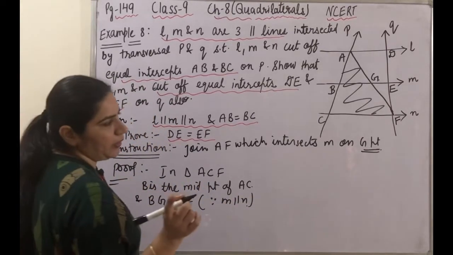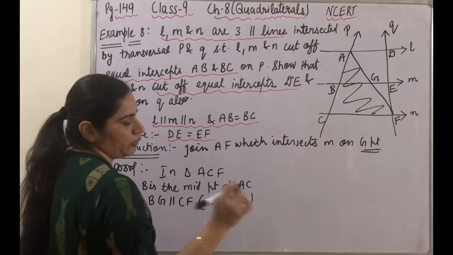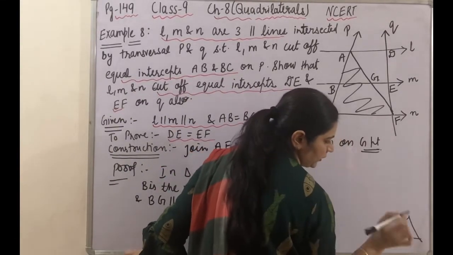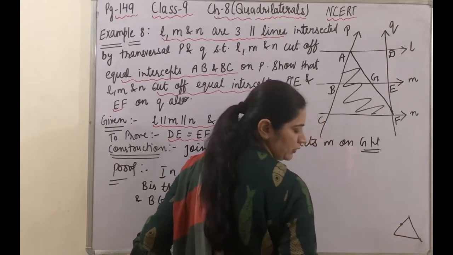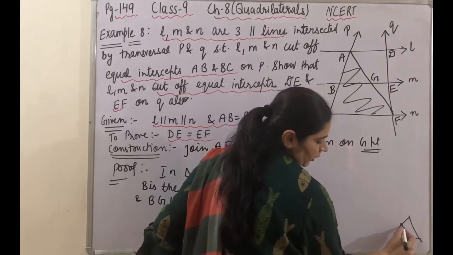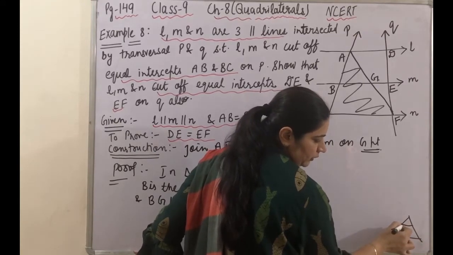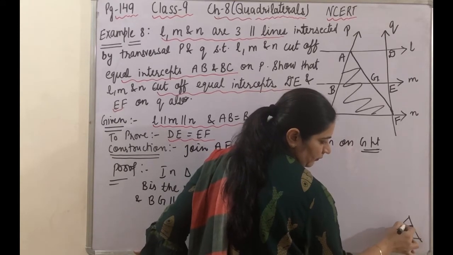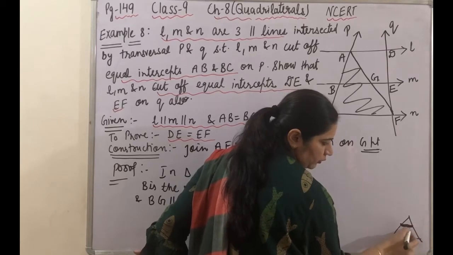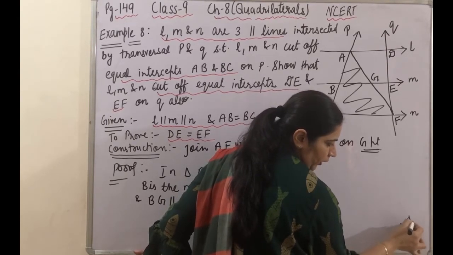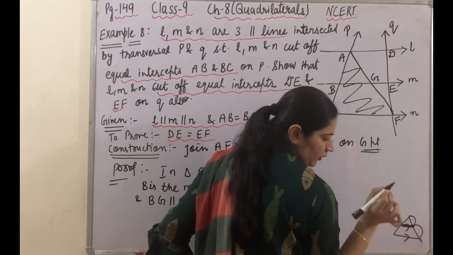Now I can apply the converse of midpoint theorem. Recall the converse of midpoint theorem. One triangle is given, the midpoint of one side is given. When a line is drawn through the midpoint of this side, and this line is parallel to this line also given, then I can say this is the midpoint of the third side.